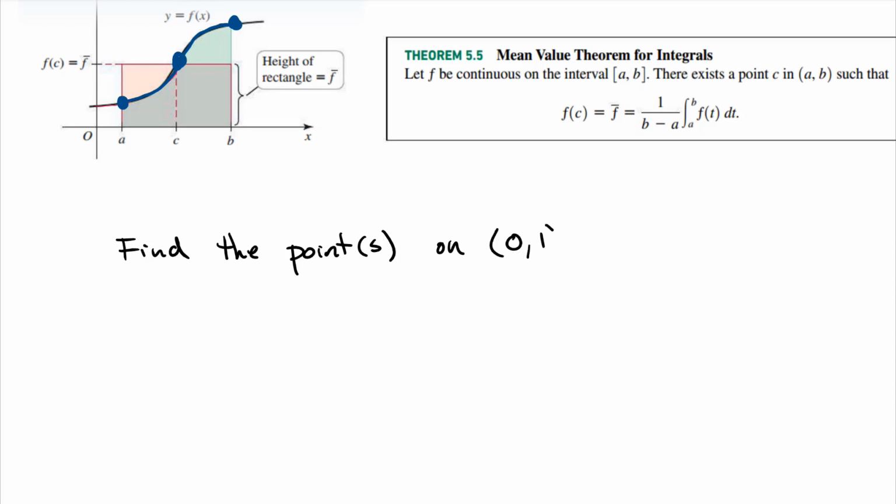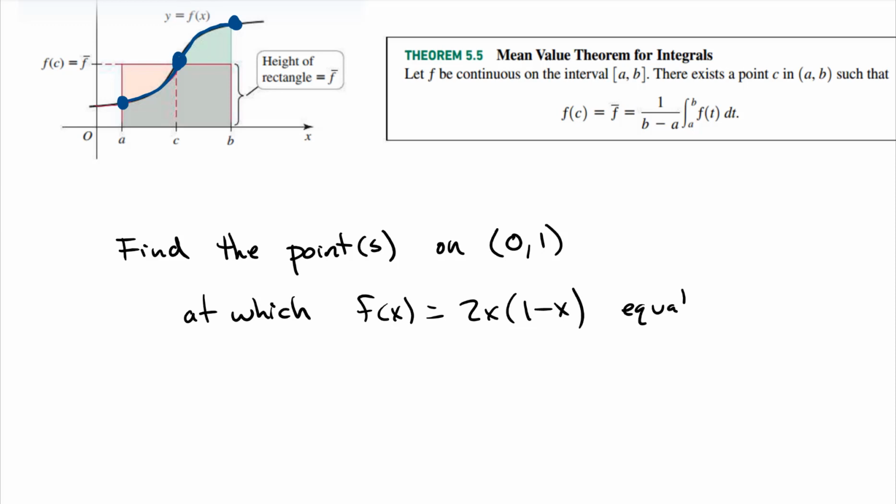On the open interval from 0 to 1, at which, let's say f of x is equal to, I'm pretending like I'm coming up with this myself. I'm reading and writing. It's average value.